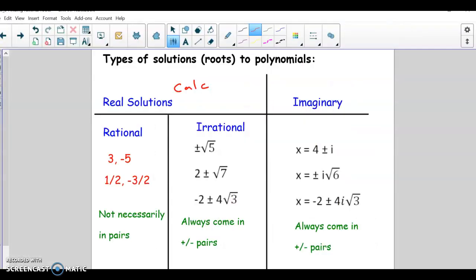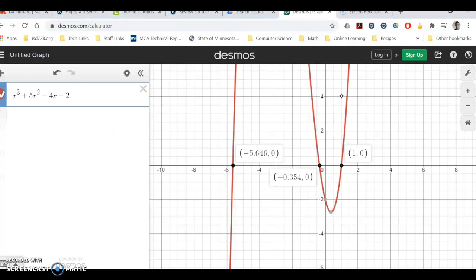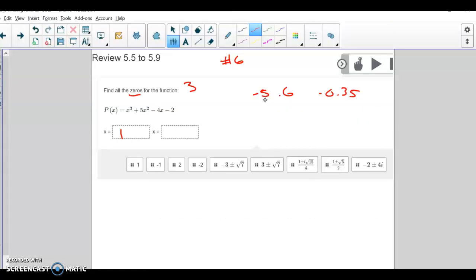Okay, so if I go back into my question, all right, I can write down one of my answers, I think was 1 from the calculator, right? But then the other ones, I would have to match up the decimals, right? So I think it was like negative 5.6, I don't remember, and negative 0.35 or something like that, in that ballpark. Okay, so I would have to then match up, like, here's my irrational one.